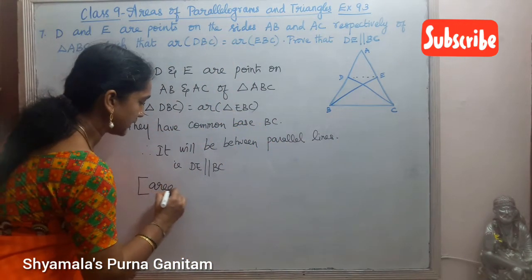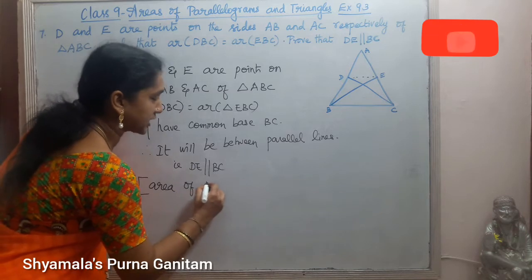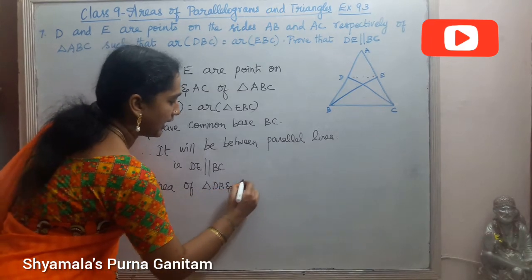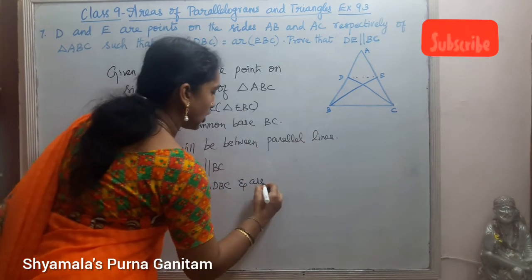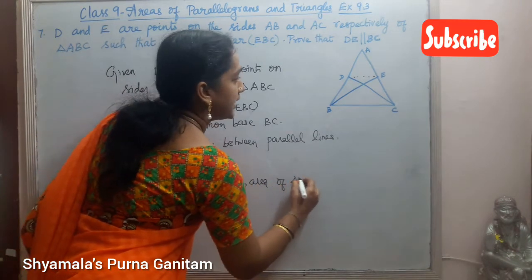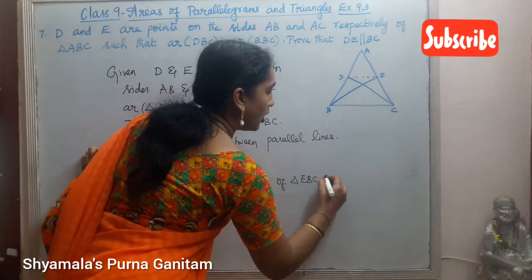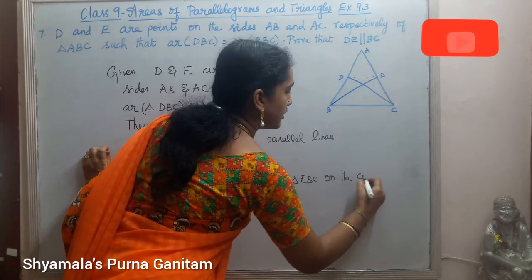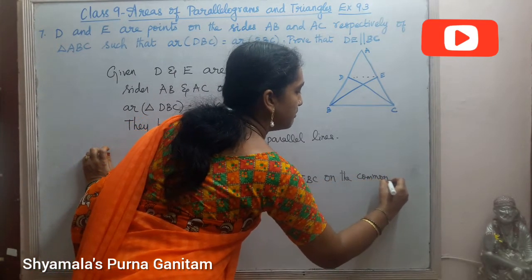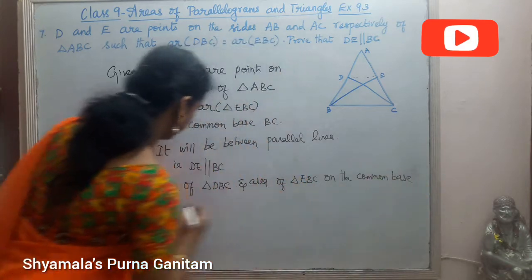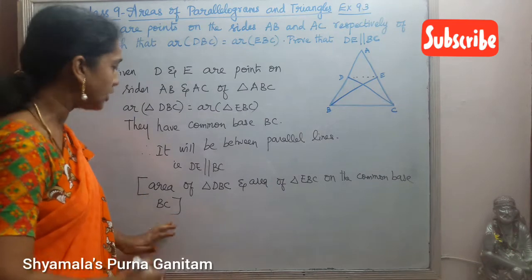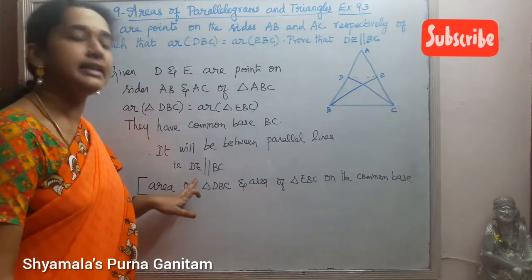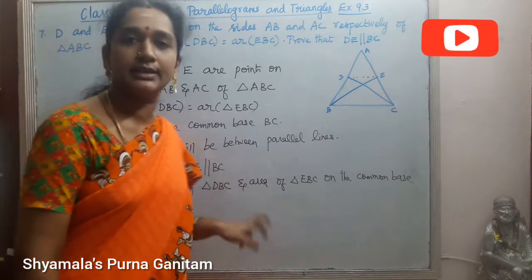The areas of the two triangles are the same: area of triangle DBC and area of triangle EBC on the common base BC. So we get the condition that DE is parallel to BC.